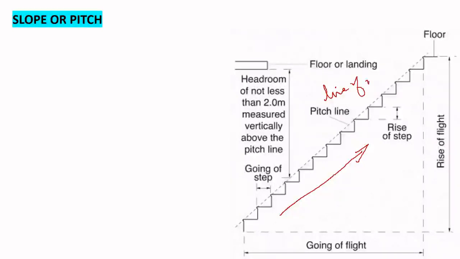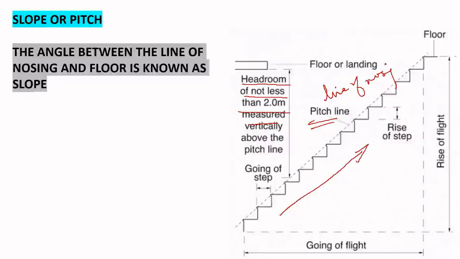You can see here the headroom is not less than 2 meters. The angle between the line of nosing and the floor is known as the slope. This is the line of nosing, and this is your floor. The angle between the line of nosing and the floor is known as the slope or pitch.